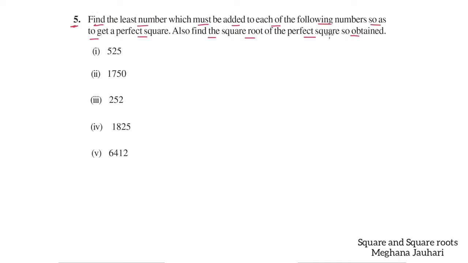So here what we will do in each case, we will find those two consecutive perfect squares between which the given number lies. For example, let's take the number 30. The largest perfect square smaller than 30 is 5 square, because 5 square is 25, which is less than 30.